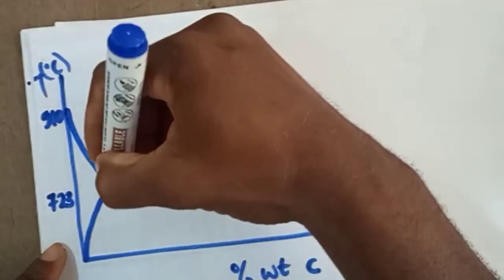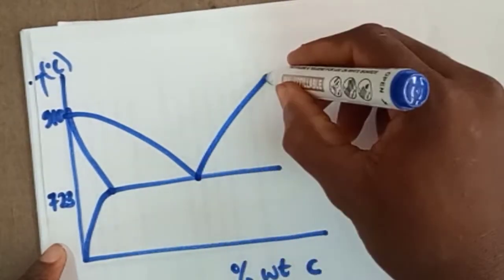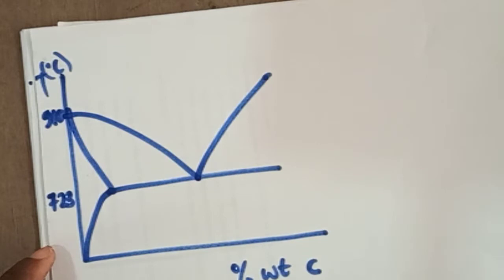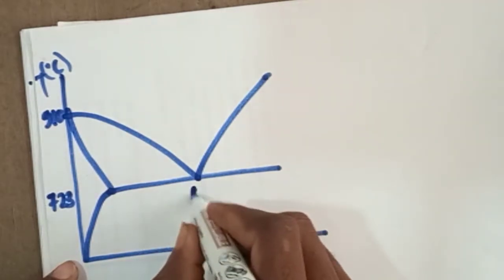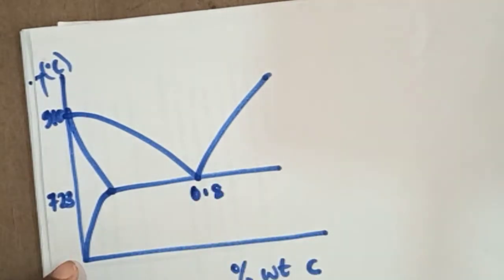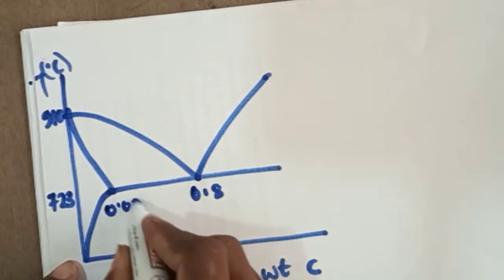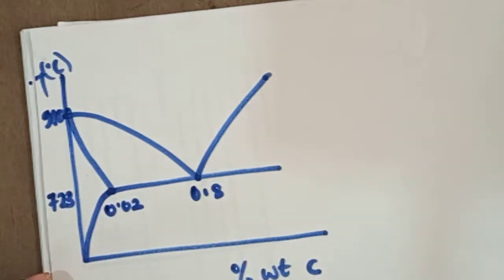So with this now, I can draw this line, join this together to this, and then I take my eutectoid point up. Remember that this region is our 0.8% region, and this is our 0.02 weight percent of carbon.